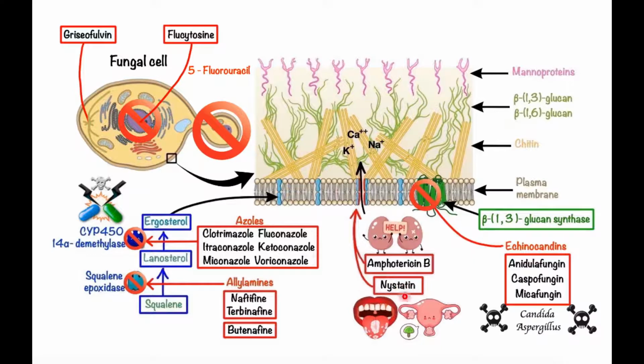Yes, and also the nystatin actually has the same mechanism of action as amphotericin B, but because of the toxicity, nystatin is only used topically for the treatment of the skin infections and mucosal infections, like the infections of the mouth and vaginal infections.